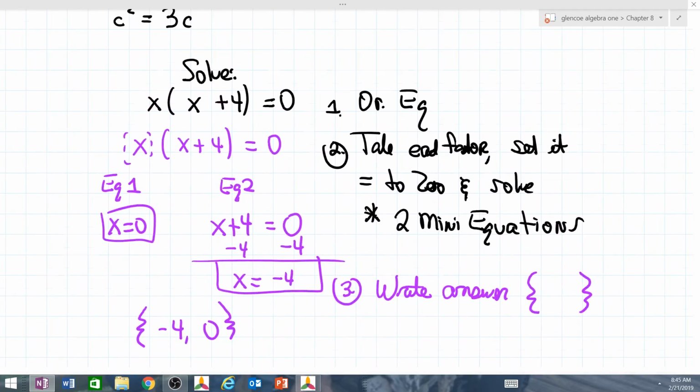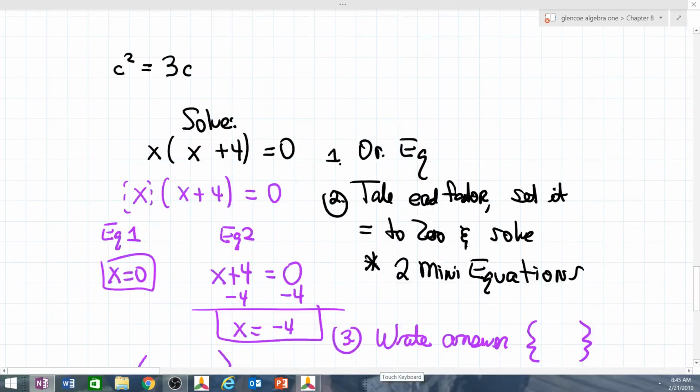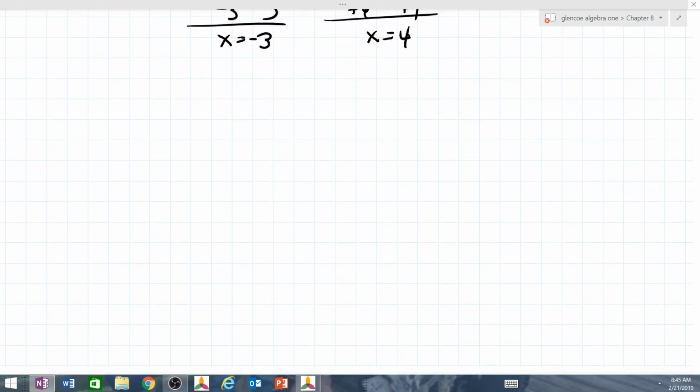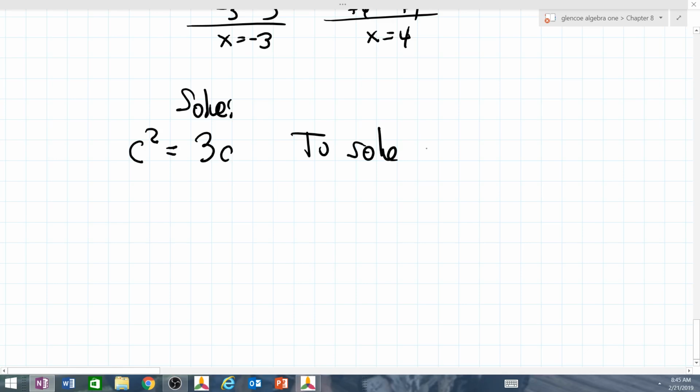Okay? I have one more I want you to do. C squared equals 3C. The directions say solve. To solve, you have to get one side equal to 0. And I'll give you a hint.